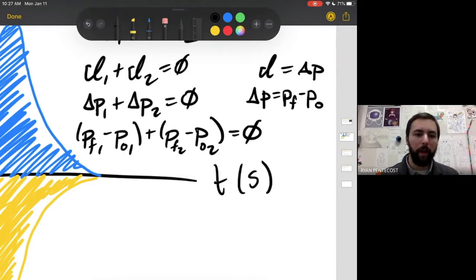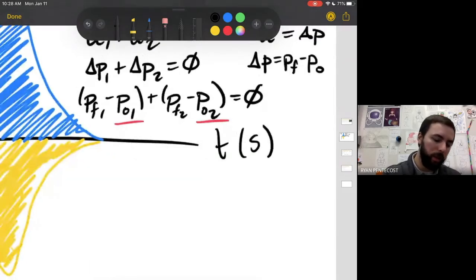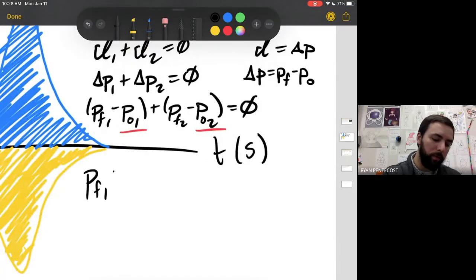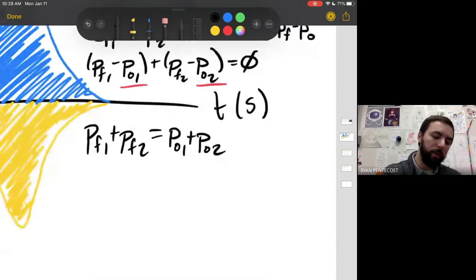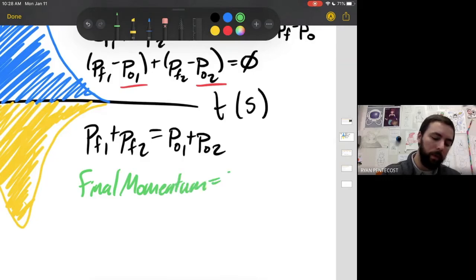Now we can actually rearrange these a little bit. If you notice, the initials are negative, initial 1 and initial 2. If we add those to the other side, you get the final momentum of 1 plus the final momentum of 2 equals the initial momentum of 1 plus the initial momentum of 2, which gives way to the idea that the final momentum will equal the initial momentum.